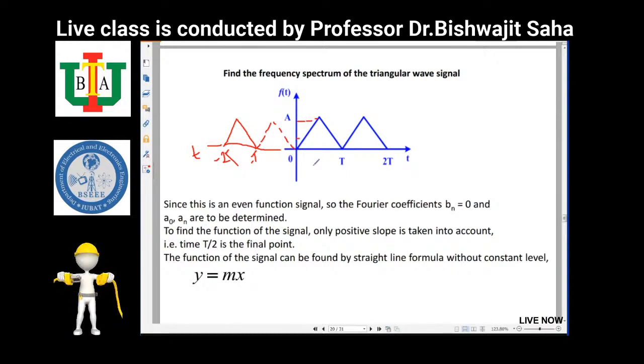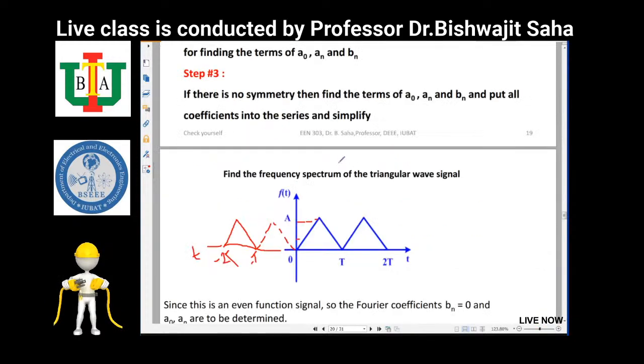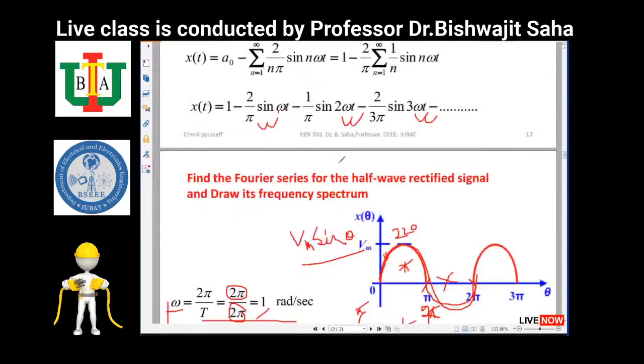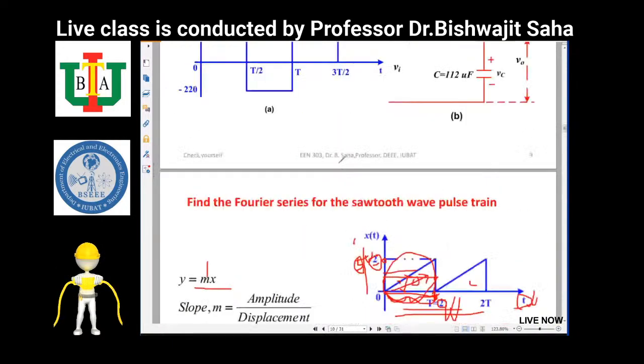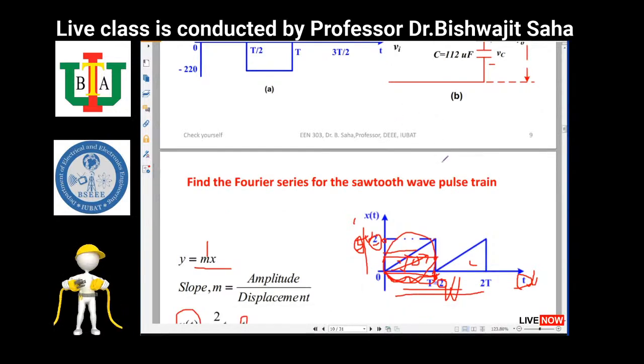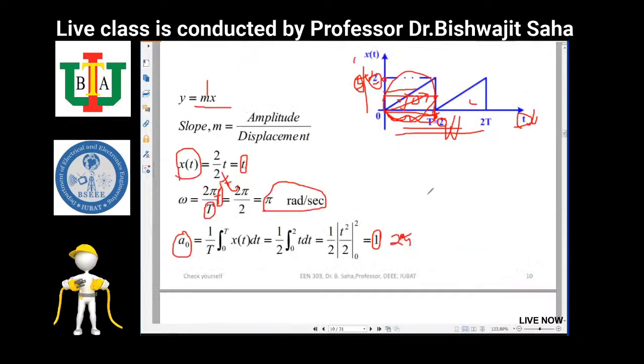Let me go a little bit back. Very interesting point. As I mentioned, whenever you see there is no negative part, the signal is even function symmetry. Let me go to the one problem we have solved, that is the Sawtooth wave. Let me see what kind of behavior it has. Look at this. What is the solution?